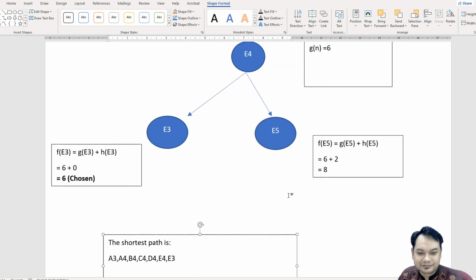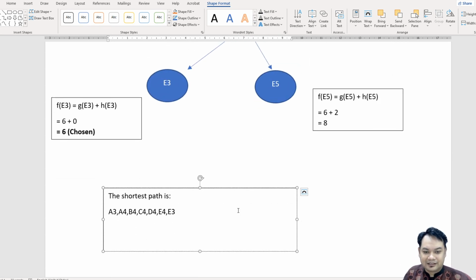Alright. So E3. So the path is admissible because it is the lowest cost. Okay, the most optimum path.